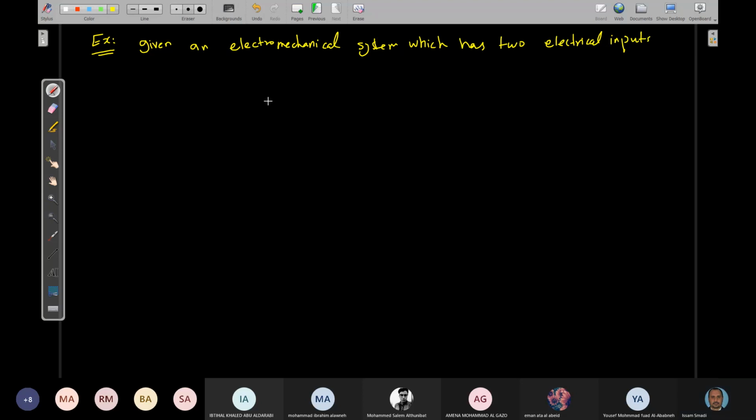Let's assume that we have an electromechanical system which has two electrical inputs, with the following flux linkage.